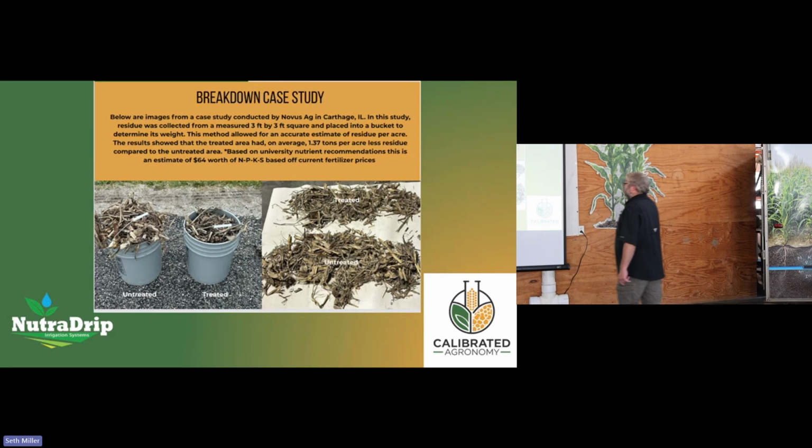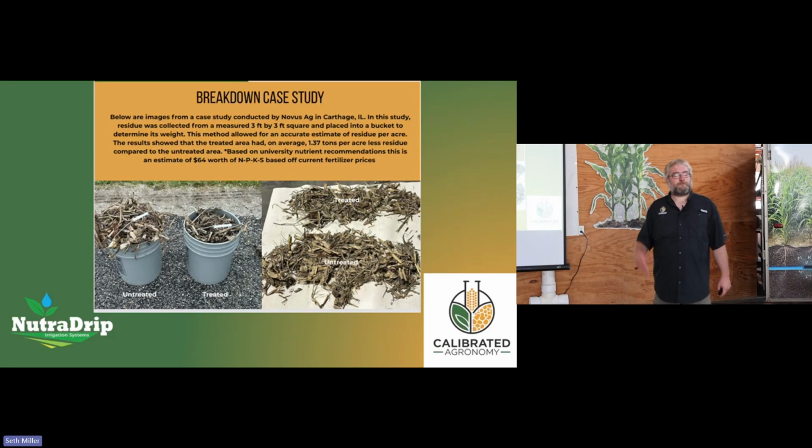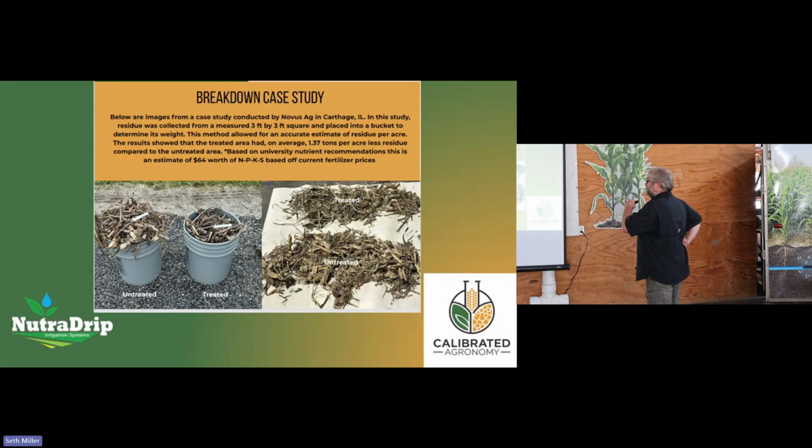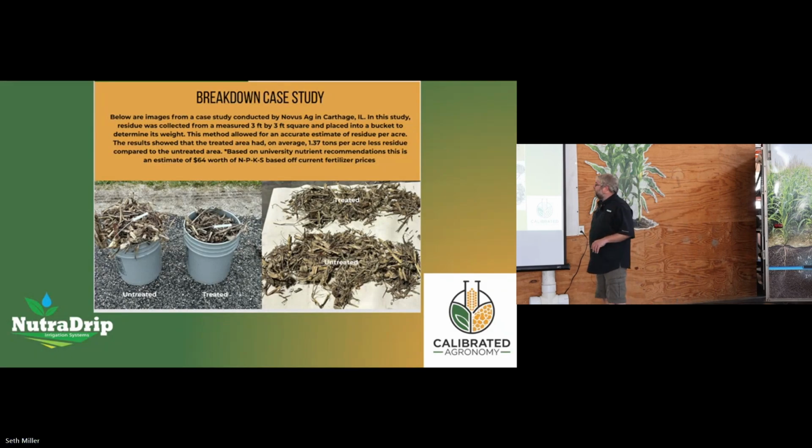They had three test sites on this half and half field. In about 8 months, 6 months, they had effectively got rid of about 1.37 tons of residue in that field.